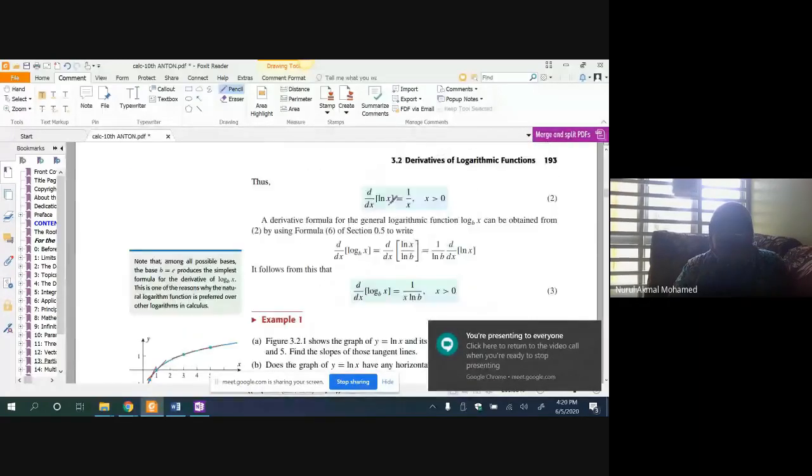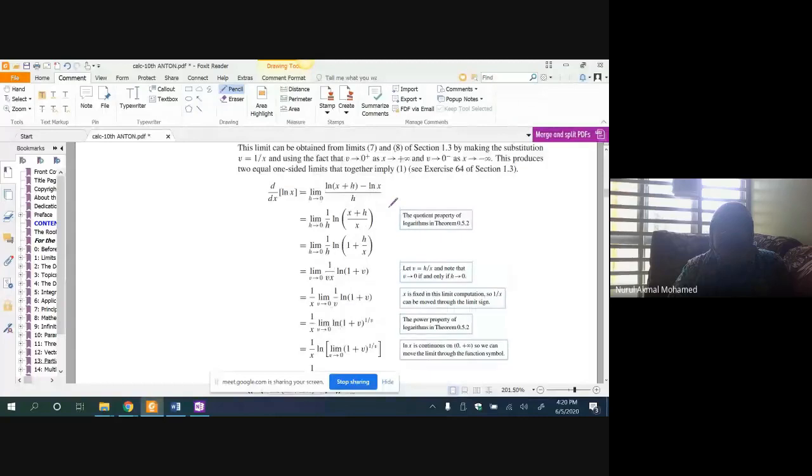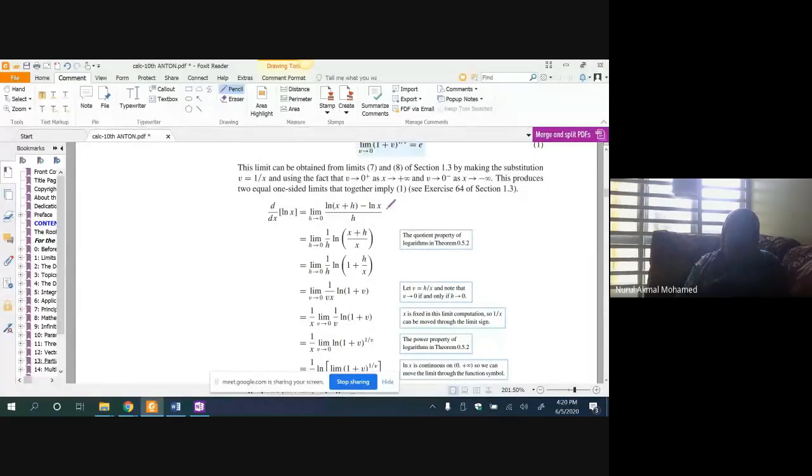For the derivative, obviously any derivative formulas that you have learned before, like power rules and trigonometric functions, like how you get the derivative of sine x, which is equal to cos x, and the derivative of cos x, which is equal to negative sine x, it is because of the first principle of the derivative.